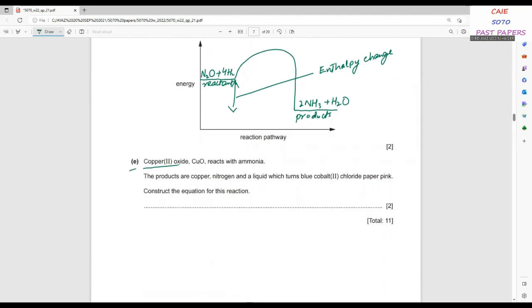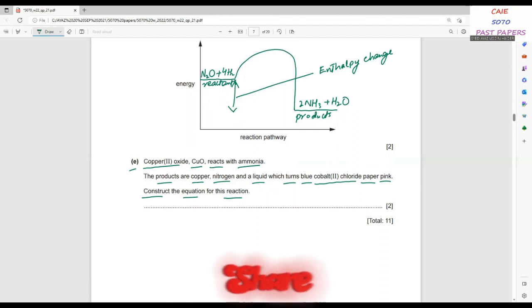Part E, copper 2 oxide CuO reacts with ammonia. The products are copper, nitrogen, and a liquid which turns blue cobalt 2 chloride paper pink. Construct the equation for this reaction. Formula of copper 2 oxide is CuO. So I will write CuO.